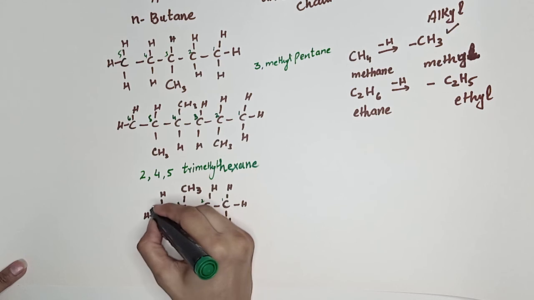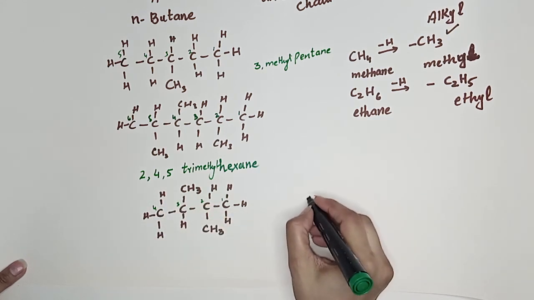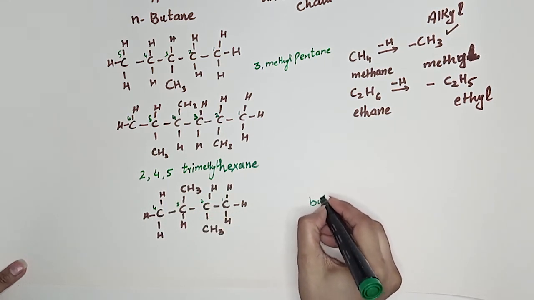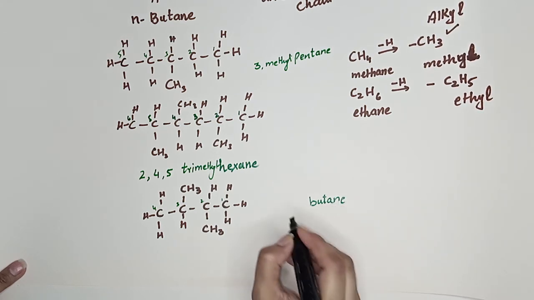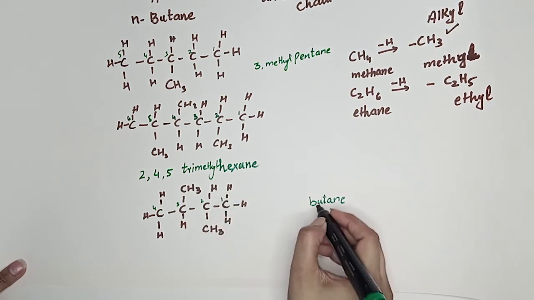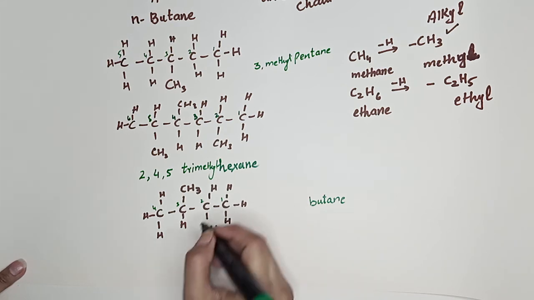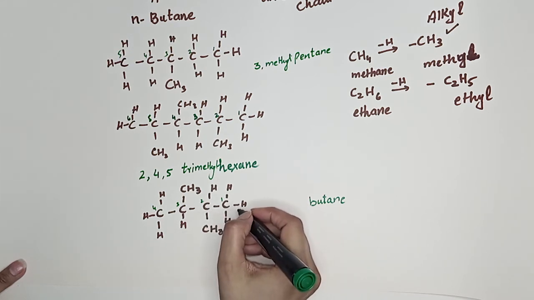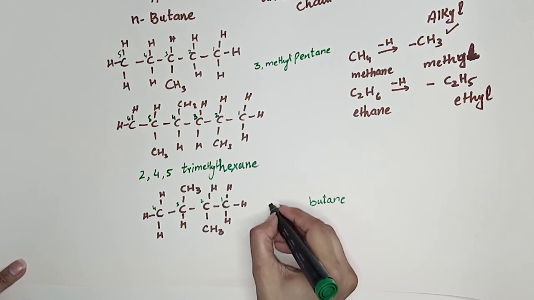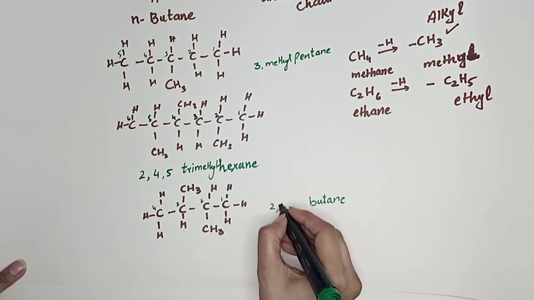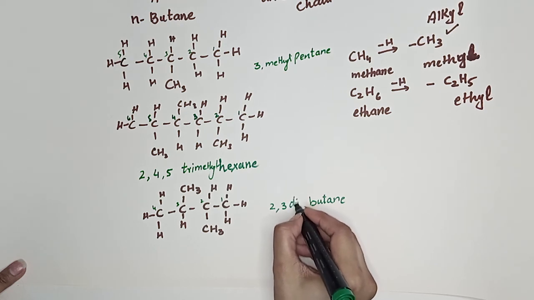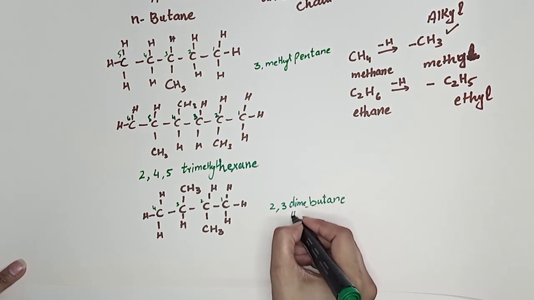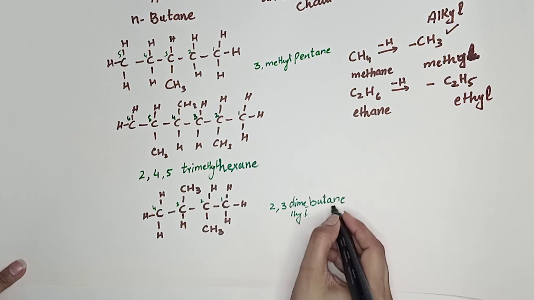1, 2, 3, 4. Straight chain. Butane, with 4 carbon atoms. 4 carbon atoms, and the ending is from the homologous series of alkanes. Right. How to count? We will check. Yes, position 2 and position 3. How many? 2 methyl means dimethyl butane.